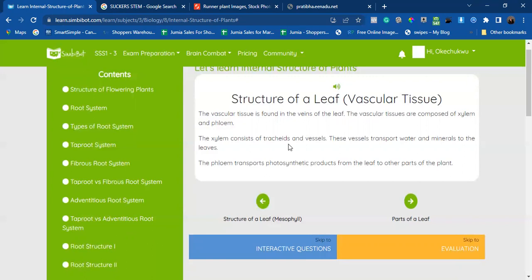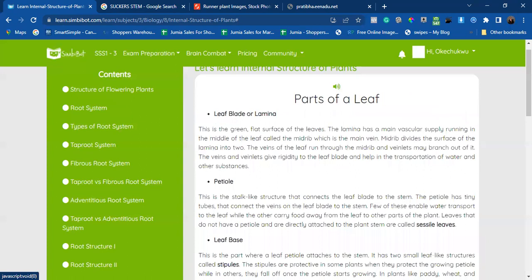So the xylem consists of tracheids and vessels. They help in the transport. The phloem transports photosynthetic products from the leaf to other parts of the plant. Good.